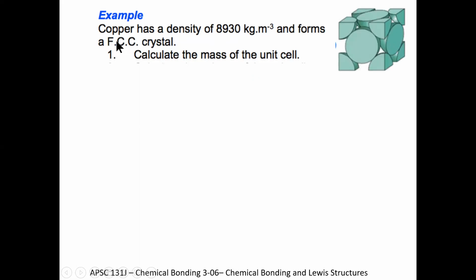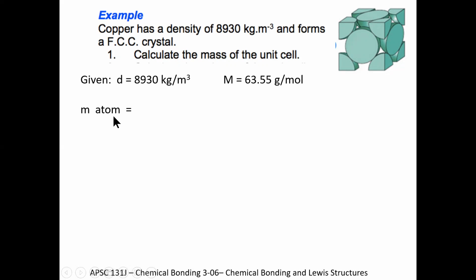Since it's a face-centered cubic cell, here is what it looks like. Face-centered means there's an atom on each face. There are 6 faces, and there's also 1/8 of an atom at each of the 8 corners. We've been given the density, mass divided by volume, and we look up the molar mass of copper. It's given as 63.55 grams per mole on your periodic table.